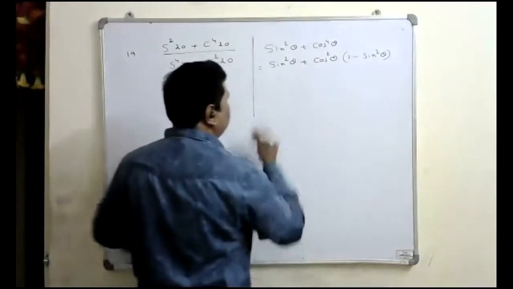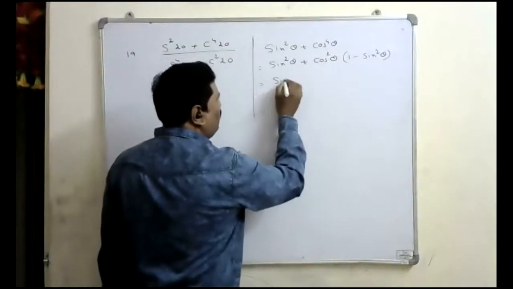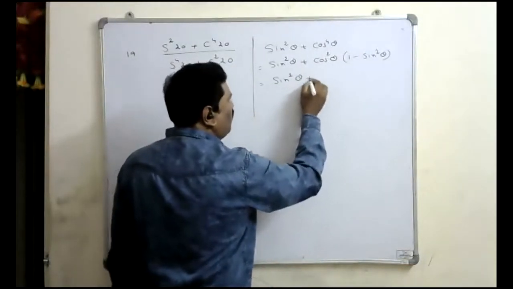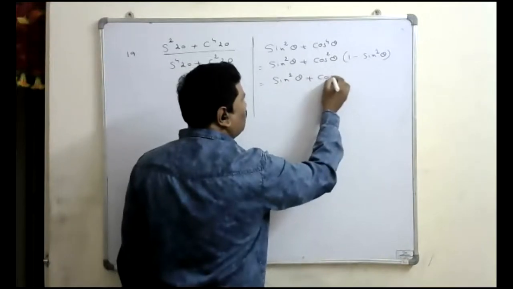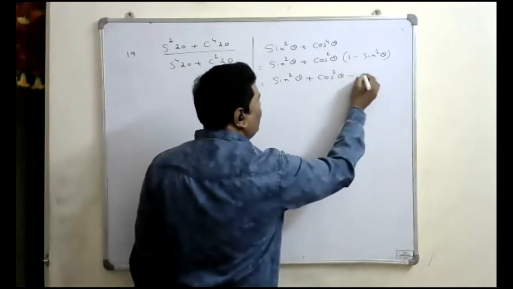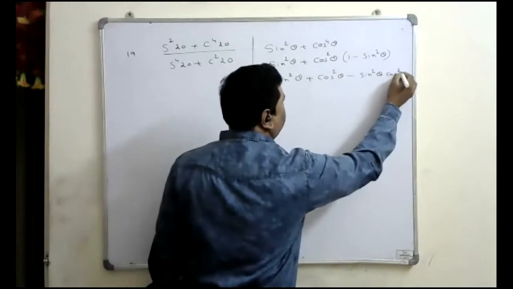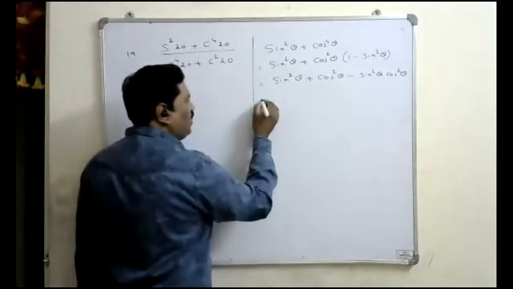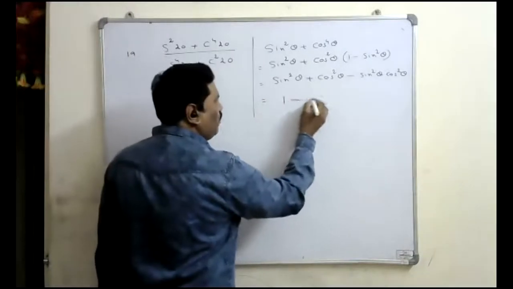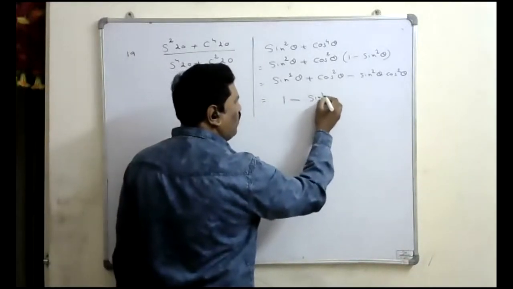Now if you multiply, we get sin square theta plus cos square theta into 1, which is cos square theta, minus sin square theta into cos square theta. Therefore, the value of sin square theta plus cos power 4 theta is 1 minus sin square theta into cos square theta.